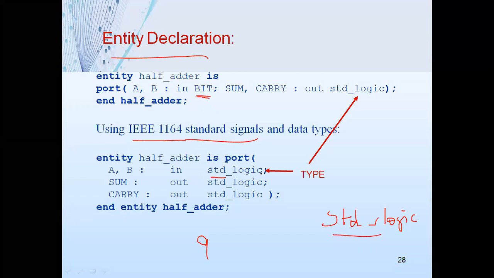In standard logic, out standard logic, and out standard logic here. So which means that the standard logic now has 9 values. The 9 values U, X, 0, 1, W, low, high, don't care values. Okay, so mostly we will use IEEE 1164 standard signals only for our VHDL coding.